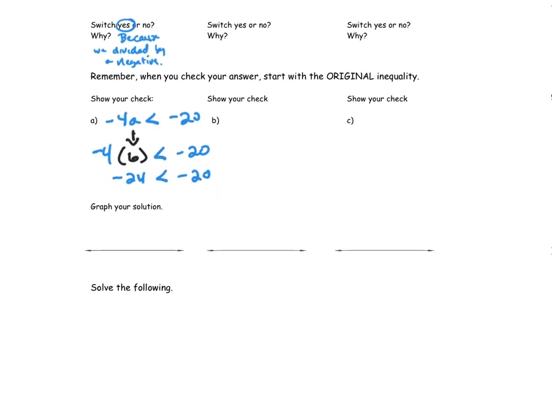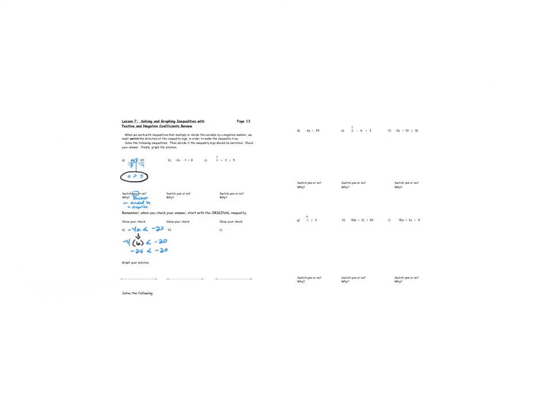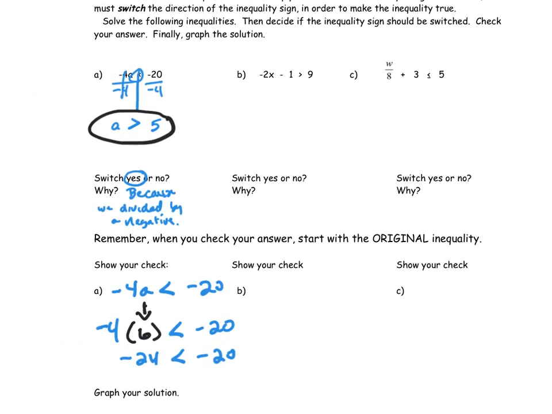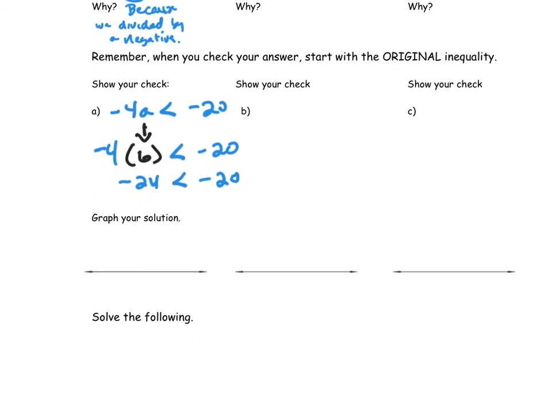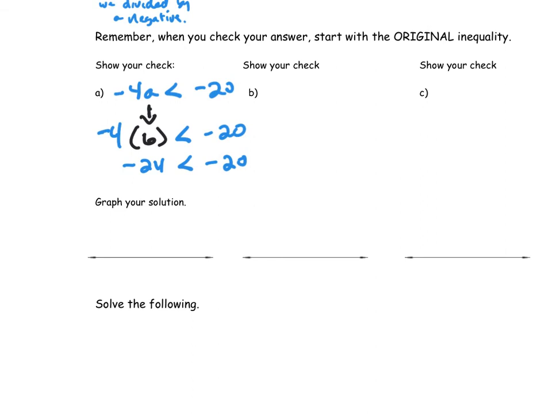And finally, we're graphing the solution. Let's move that over. The solution is a is greater than 5. So I have to now graph the solution, which is a is greater than 5. So I'm going to choose a number in the middle, which is 5. I'm going to choose 5 and a couple numbers above, a couple numbers below.